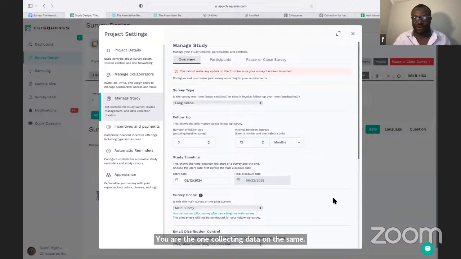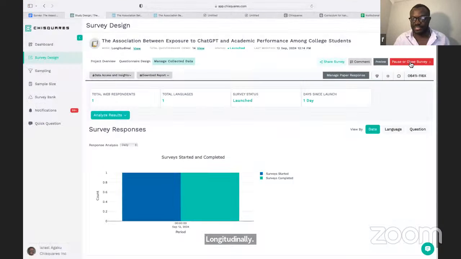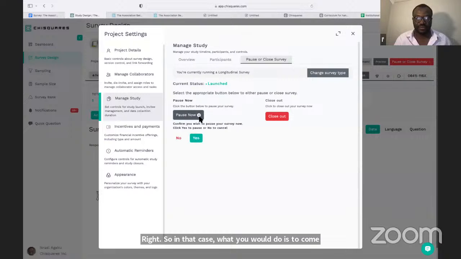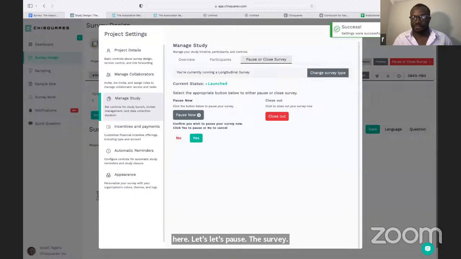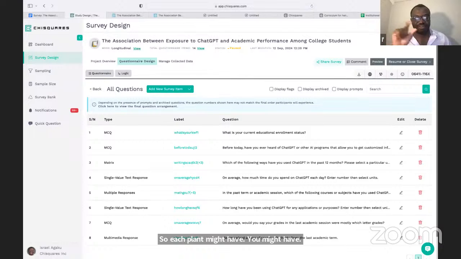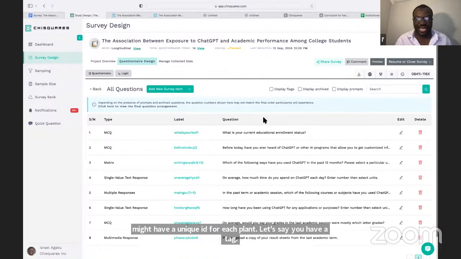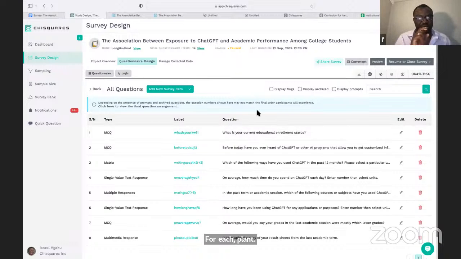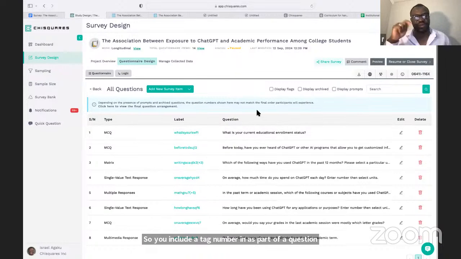So in that case, what you would do is to come here. Let's pause the survey. So each plant you might have a unique ID for each plant. Let's say you have a tag for each plant. So you include a tag number as part of a question, so that in each wave you are collecting data on the tag, because the plants cannot talk for themselves.